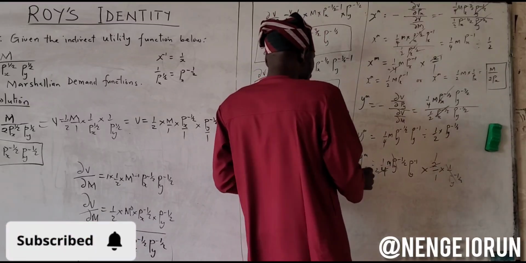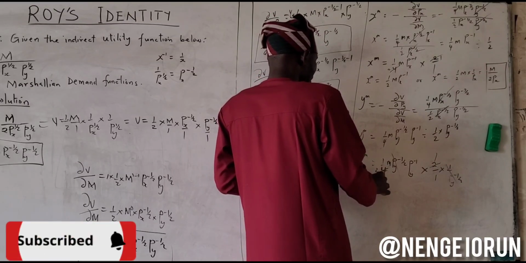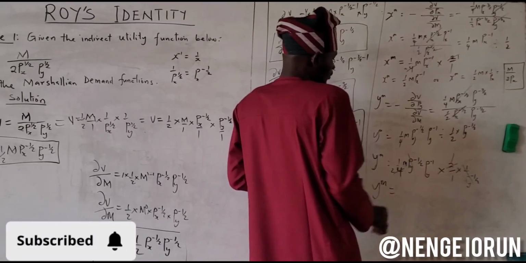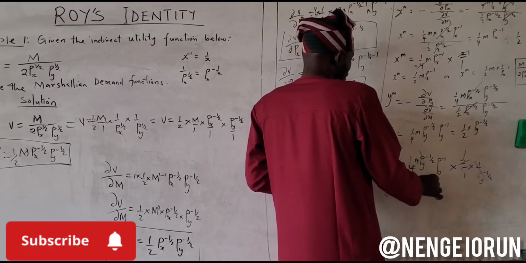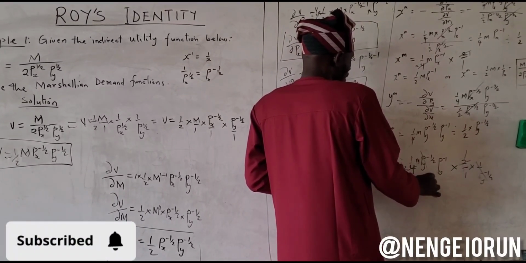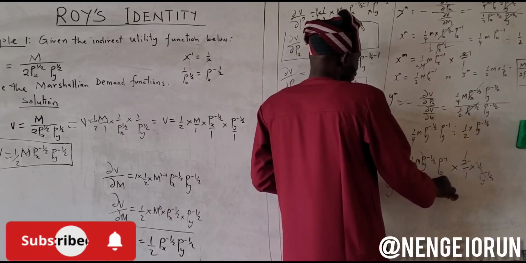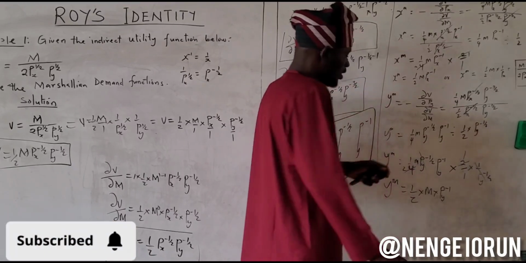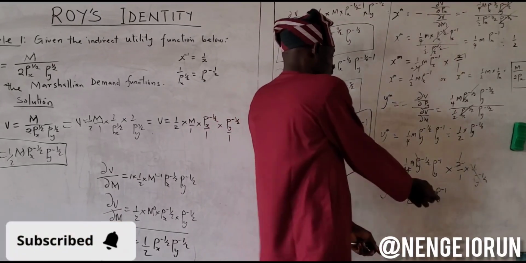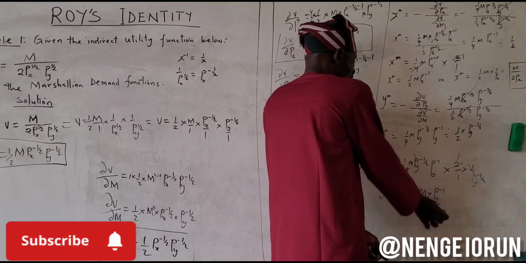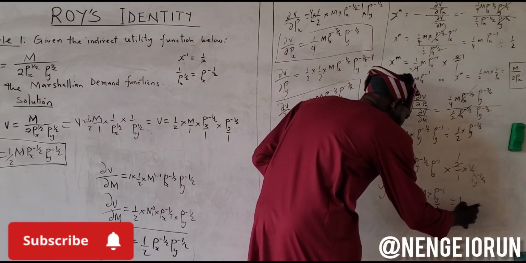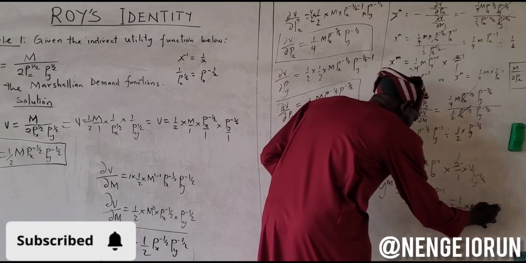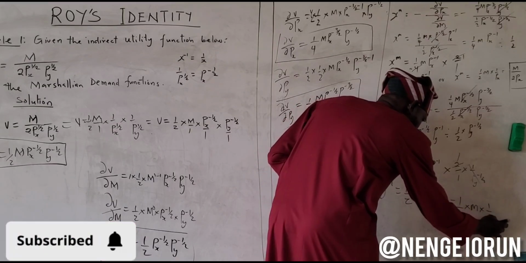So that we have y raised to the power of m is equal to 1 over 2 times m times py raised to the power of negative 1. We take the reciprocal, this one is over 1, this one 2 over 1. You have 1 over 2 times m times 1 over py.